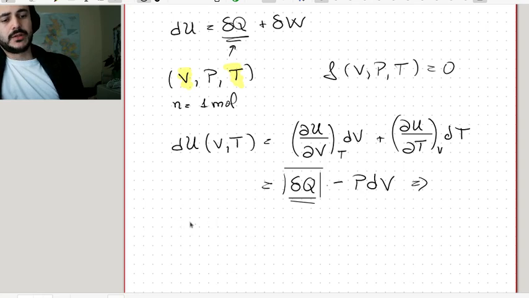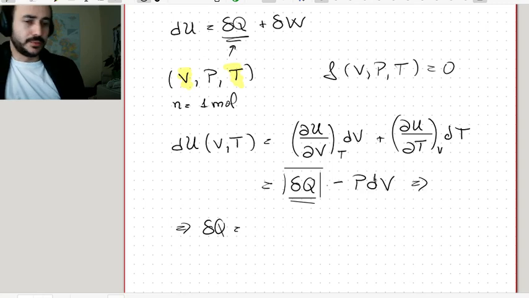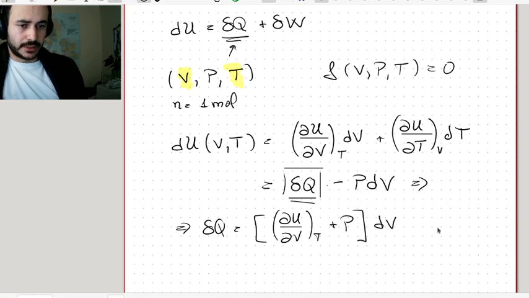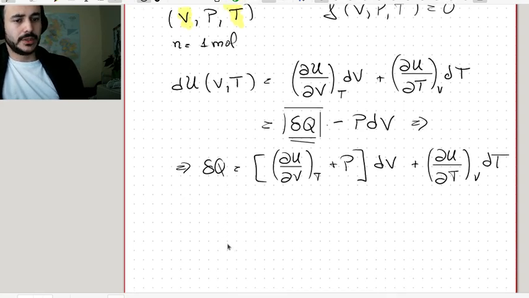From here we get that differential of Q equals, and we put this minus p dV to the other side of the equality, the partial derivative of U with respect to V at constant temperature plus the pressure, and the common factor here is dV, plus the partial derivative of U with respect to T at constant volume dT. So this is what we were after. That's the final expression I wanted.